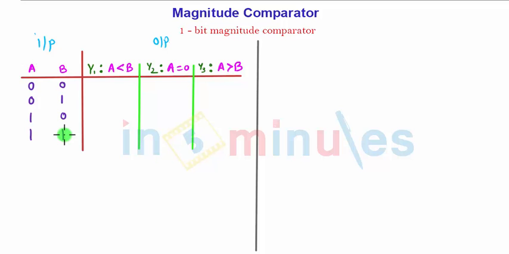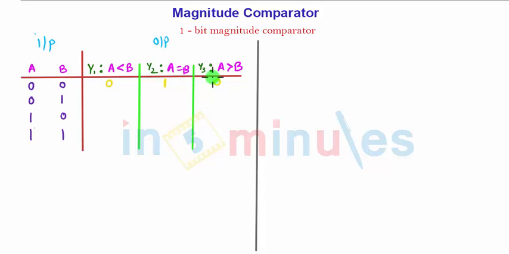When I keep A as 0, the magnitude of A is 0. When I keep A as 1, the magnitude of A is 1, and I am comparing it with the magnitude of B, 0 or 1. For the first case, where A and B are both 0, the output is A equals B, and both outputs Y1 and Y3 will be 0.